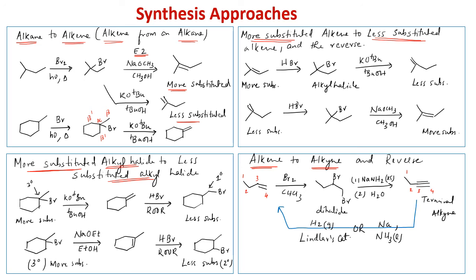Either of these two approaches is going to give me the same alkene, because this alkene is a terminal alkene, which means we do not have to worry about cis or trans stereochemistry. Okay, so these are some of the approaches that are useful. We'll discuss some more in upcoming videos.